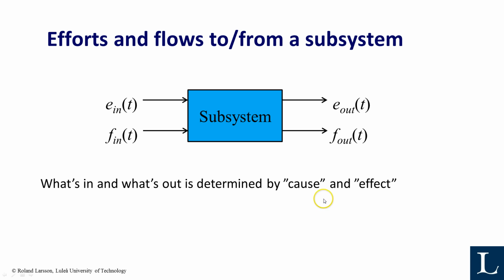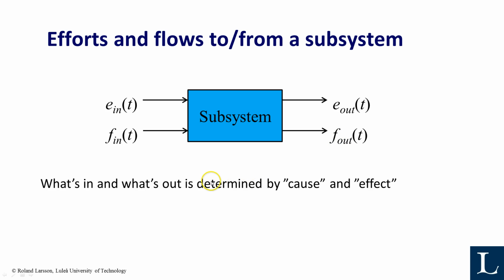Some kind of generalization is made to show a system like this: all systems have a number of effort parameters and flow parameters, say one input effort and one output effort, one input flow and one output flow.